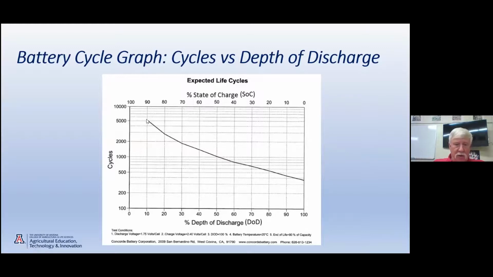So if I only go down to a 90% state of discharge here, according to this chart, I have 5,000 cycles. If I take this battery down to almost 100% depth of discharge, I'm now down to under 500 cycles. So hopefully that makes sense to folks out there looking at it, okay? So we have to look at the relationship between the number of cycles and depth of discharge.